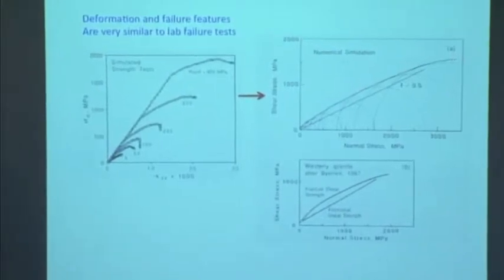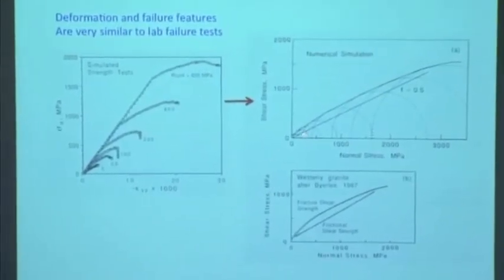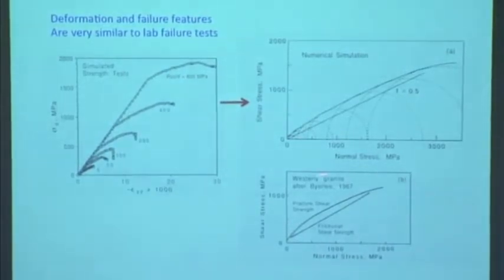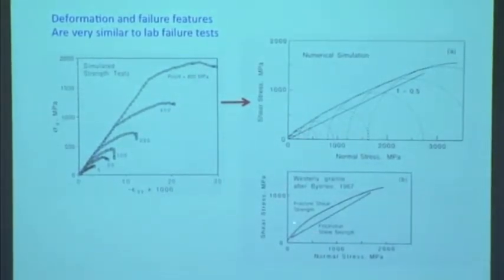It's curved. If you compare it to real data, here is laboratory data from Jim Byerlee back in the 60s of deformation of granite and a failure envelope, and you get a very satisfying result from this very simple conceptual model that really is Ted's idea.